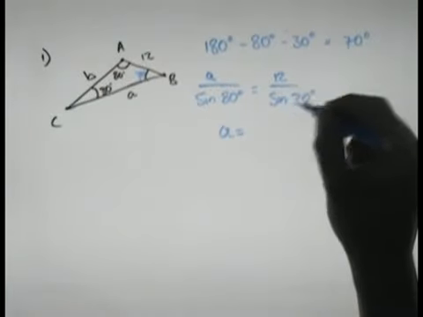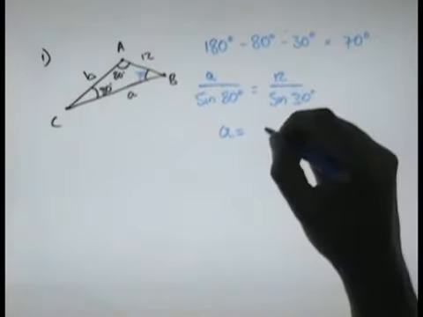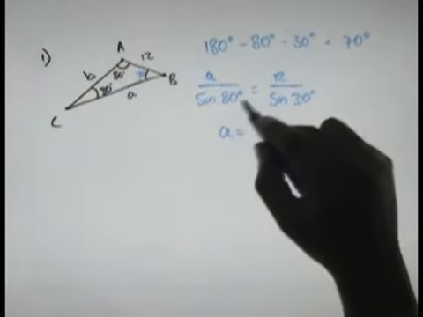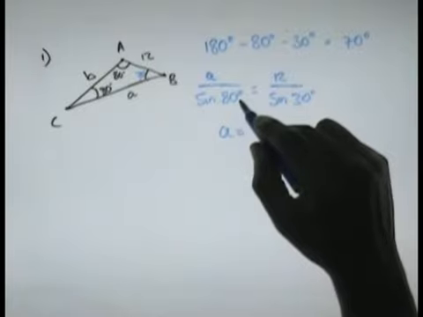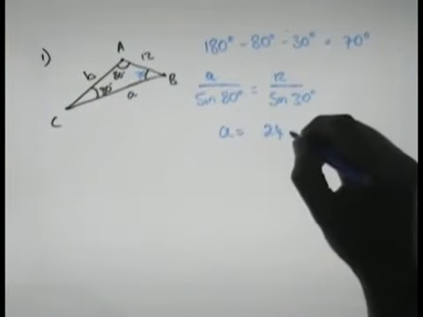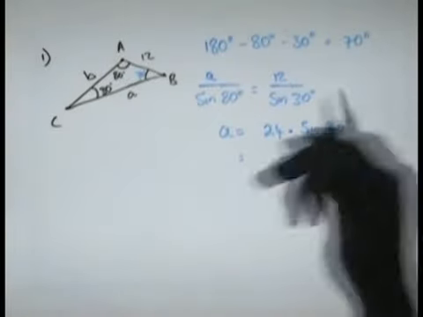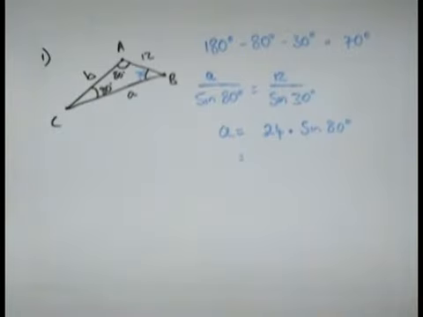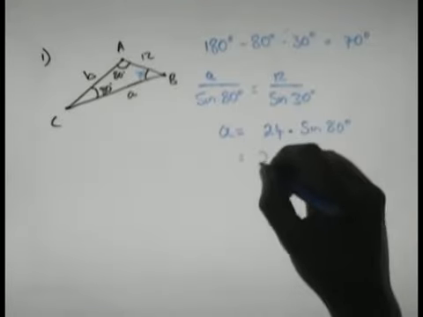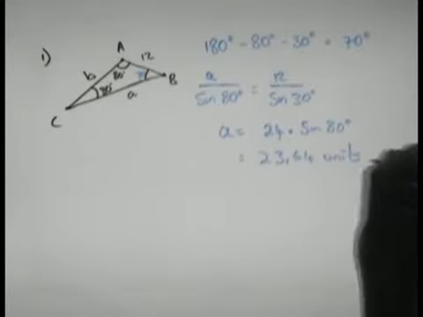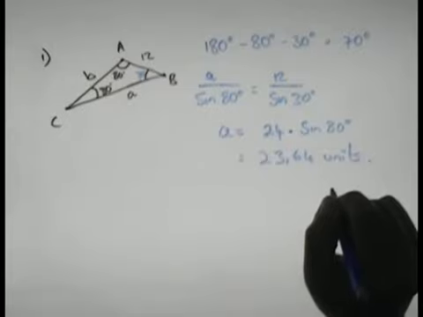Now sine 30 is equal to a half. 12 divided by a half is 24. To get rid of the sine 80, which is our denominator on our left hand side, we multiply. So we'll multiply the 24 by sine of 80, which means that A is equal to 24 times sine 80, which is equal to 23.64 units, rounded off to 2 decimal places.